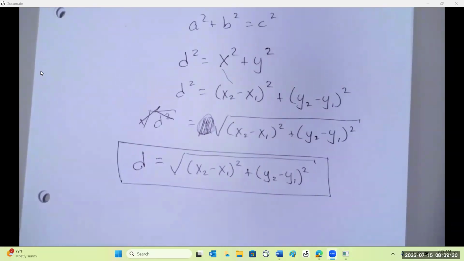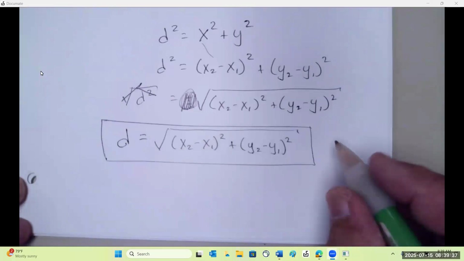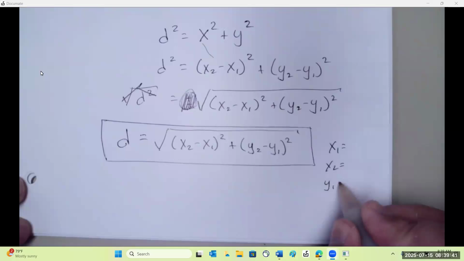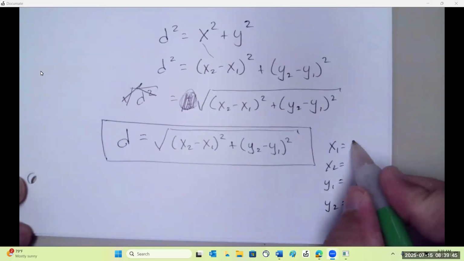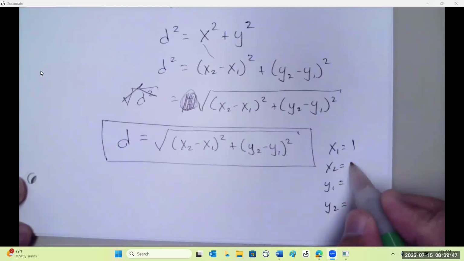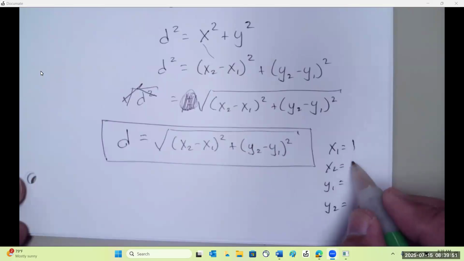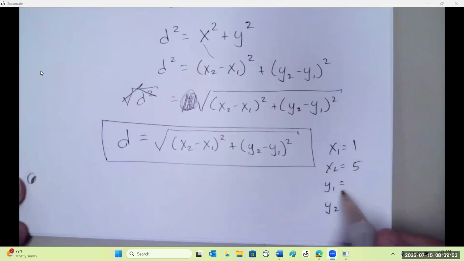Again, it's plug and play. It's formula driven. In our example, remember, we labeled X1, X2, Y1, Y2. X1 was 1, what's X2? 5. Y1 was 1, Y2 is 4.